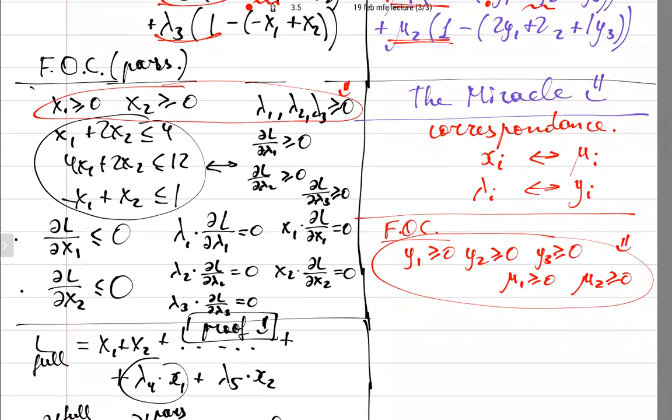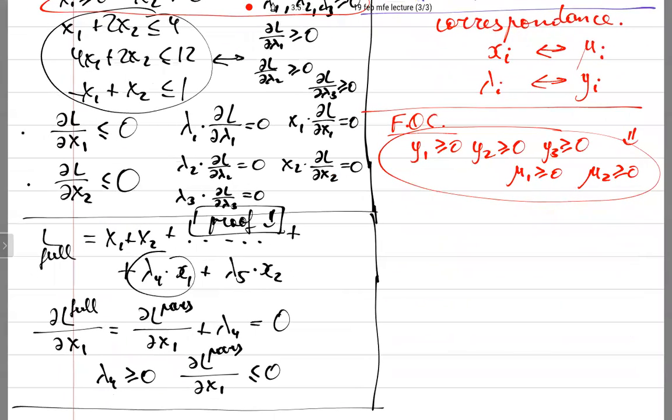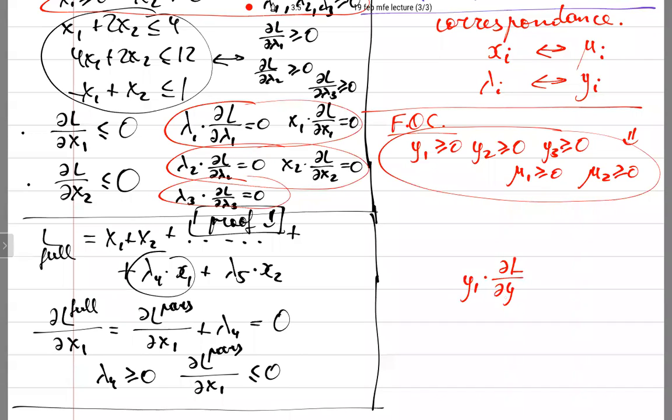Okay, let's move on. These equations are exactly symmetric. So you will have an exact copy: y1 times dL/dy1 should be 0, y2 times dL/dy2 should be 0, y3 times dL/dy3 should be 0.